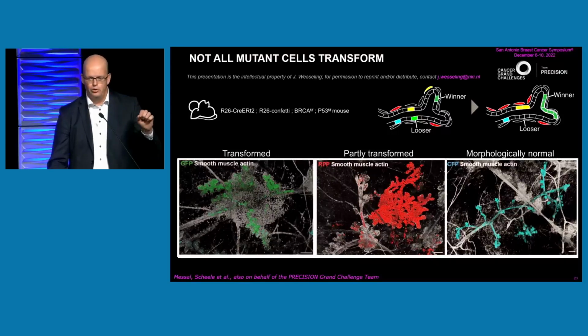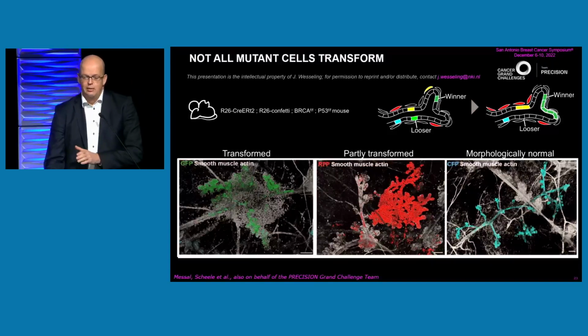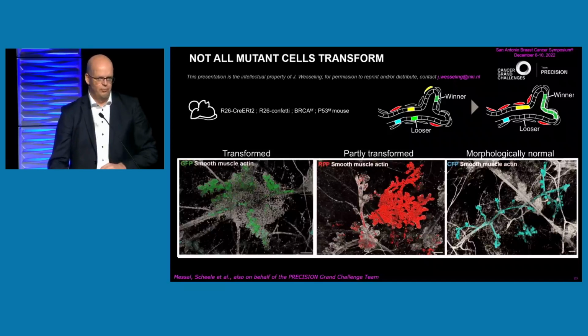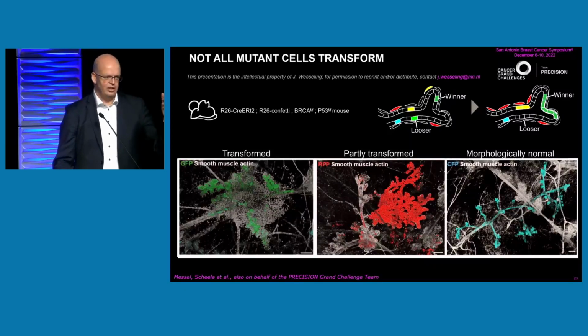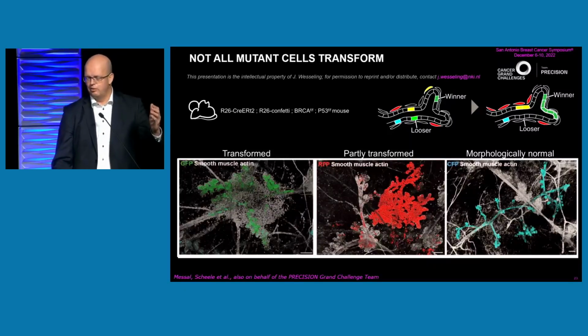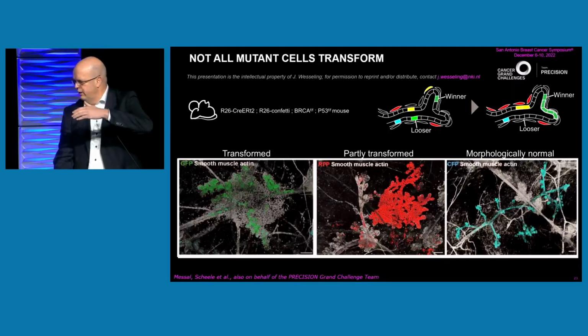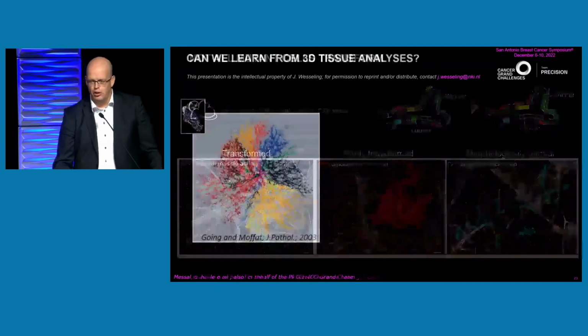Some of them do, the green color, so the green mammary stem cells transform to breast cancer. But for the red segments, they do that only in part, whereas there are also segments that do not transform. So there's something else at stake that we're probably not aware of. Well, maybe Rob was already alluding to this a bit in the previous talk.